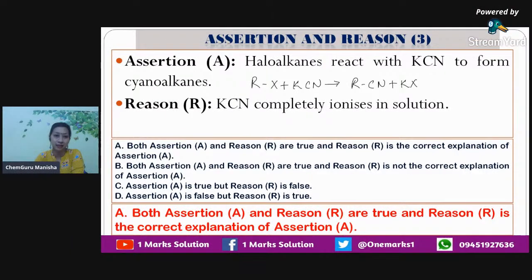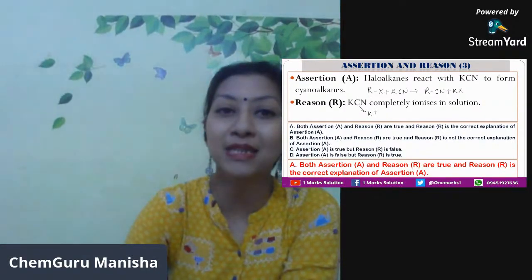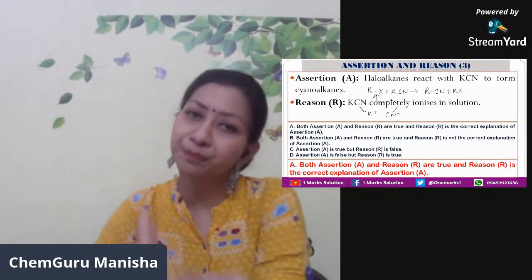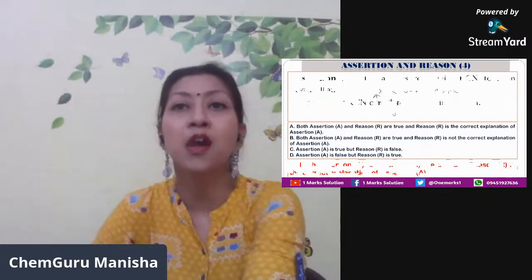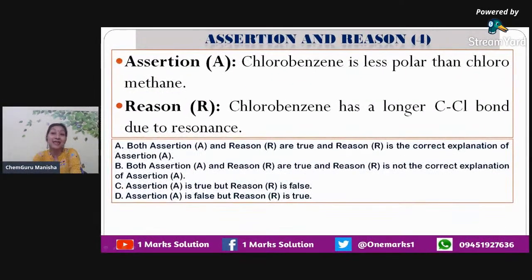Because KCN can ionize itself, it undergoes dissociation and automatically forms K plus and CN minus. This CN minus can then replace the X and undergo the nucleophilic substitution reaction, and so the products can be formed.